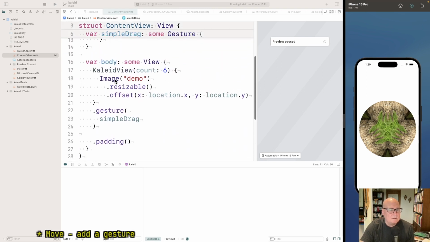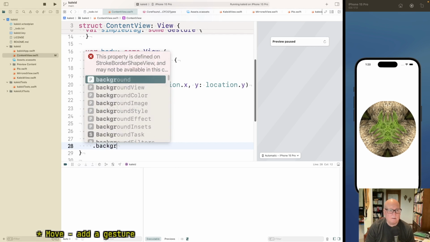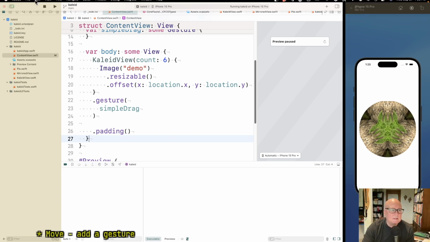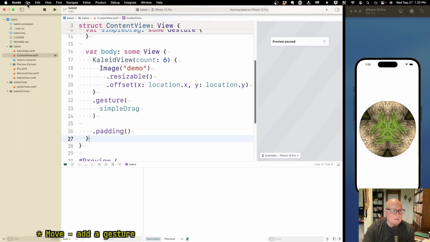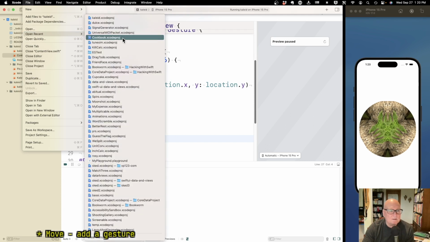Can I color this? Body. Let's get the last project up here, or two projects back. Over recent.